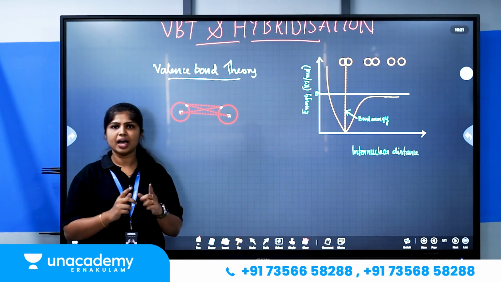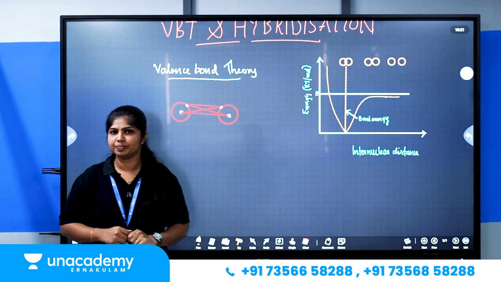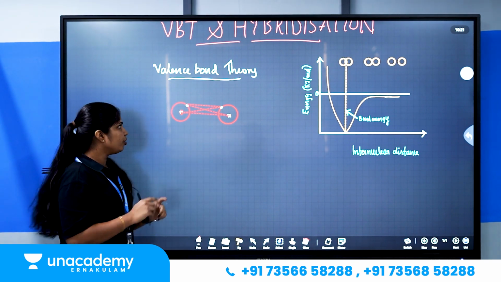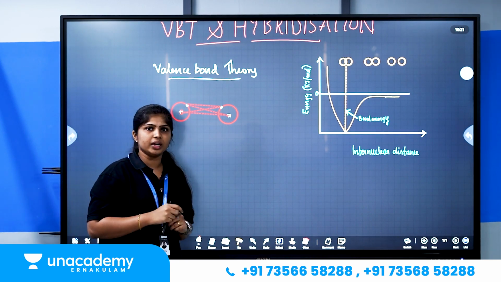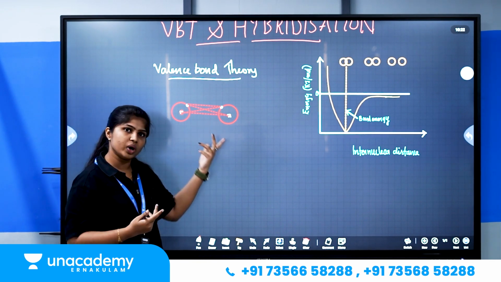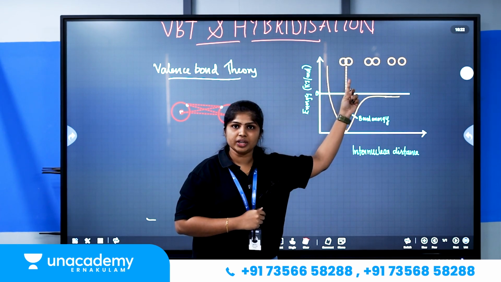So, students, at this minimum energy point, what is happening? Let's take the example of hydrogen only. We know this electron in a hydrogen atom, where is it located? In the 1s orbital, right? And for this also, the 1s orbital only. So actually what is happening at this point?